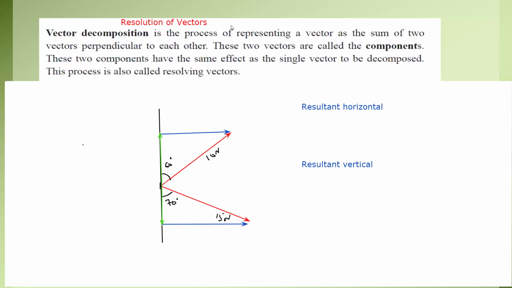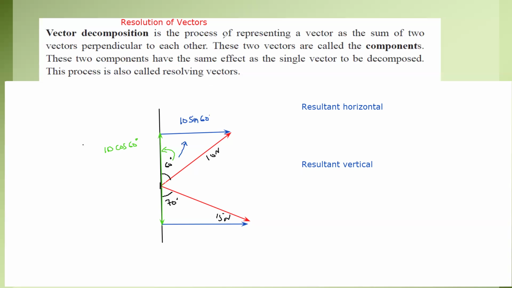Now, what is the magnitude of this vector? It will be 10 cosine 60. The magnitude of this vector will be 10 sine 60 degrees.